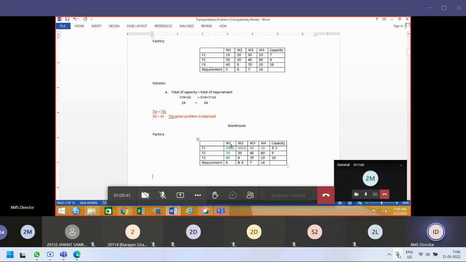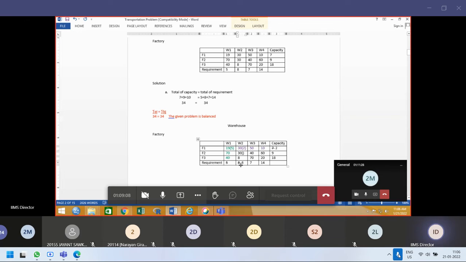Now factory 1 is completely blocked. I cannot move to the next cell. I have to come down. You keep on moving either next or down cell. So the next cell is completely blocked, so I don't have the option to move to the next cell. I have to come down to the next row, and here again I shall allocate.